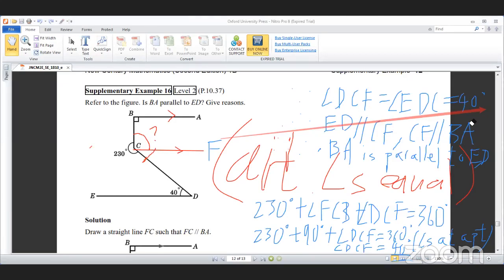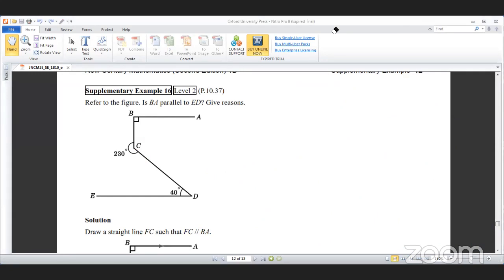Okay, let me summarize. I clear the drawings now. Just a quick summary. We first add another line here, FC, because this is the line we are going to add.